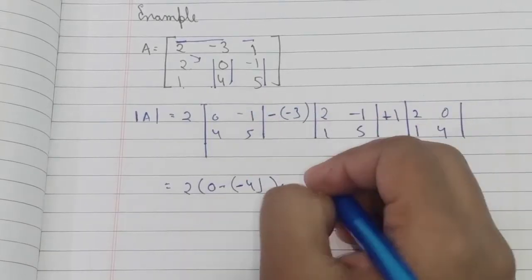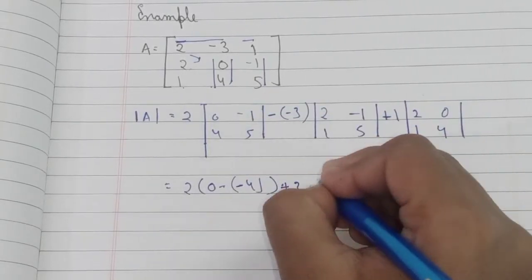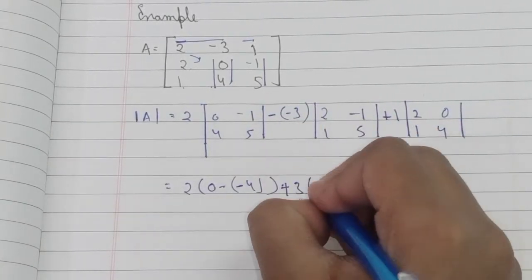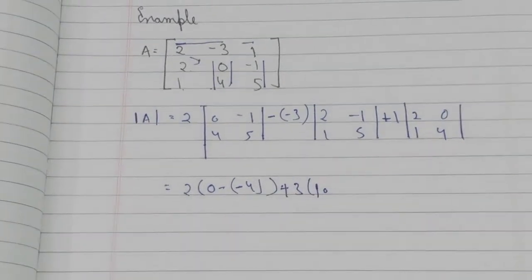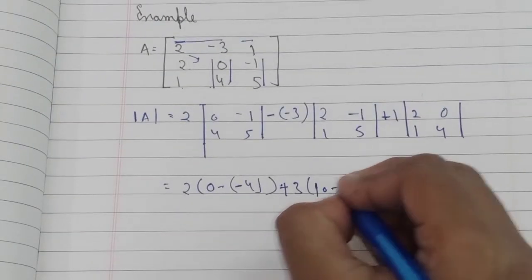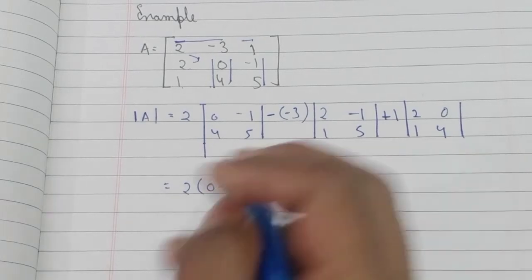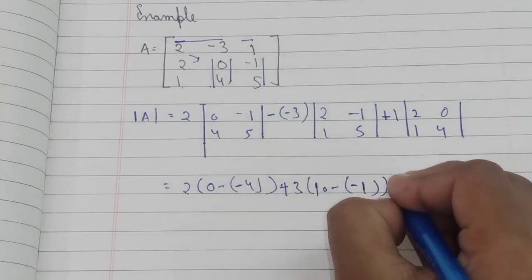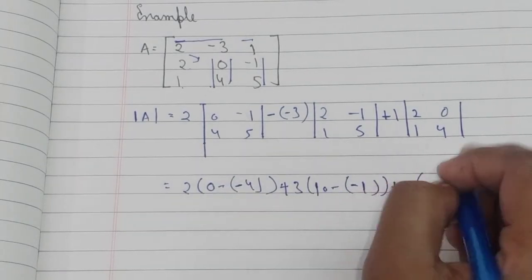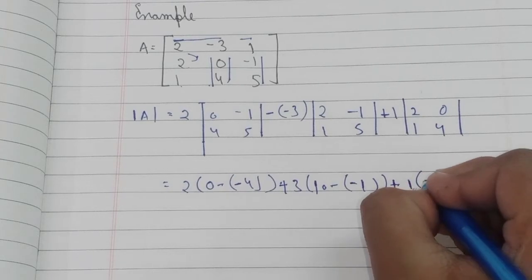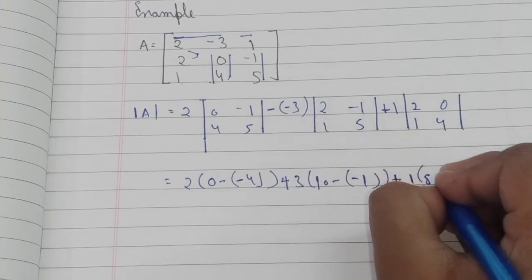Minus into minus, that's a positive 3 times: 2 into 5, that's 10, minus 1 into minus 1, that's negative 1 here. Now we'll add 1 times: 2 into 4, that's 8, minus 1 into 0, that's 0.